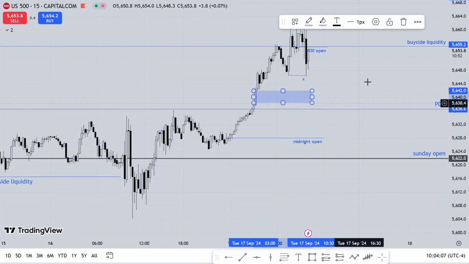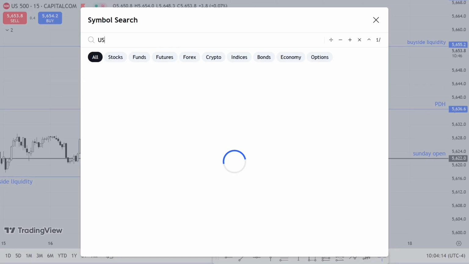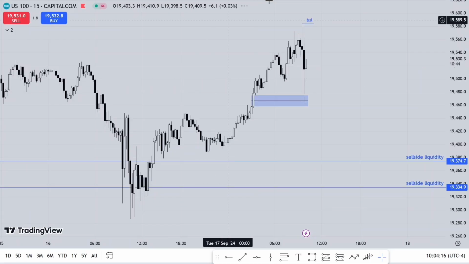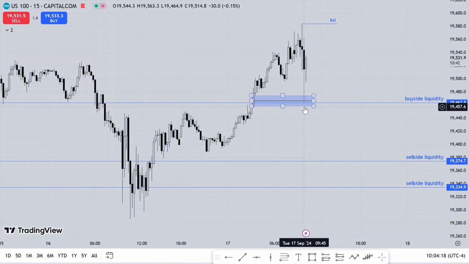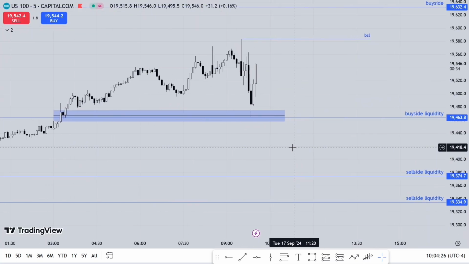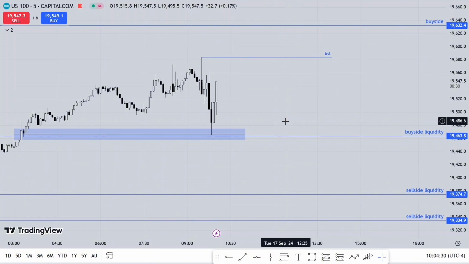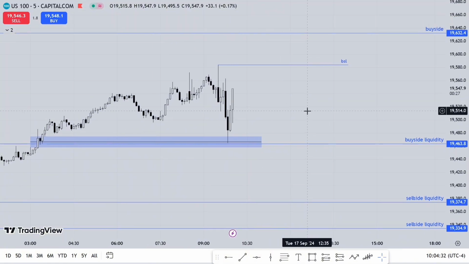So price is unwilling to come for these lows here, while on the Nasdaq, which is the US 100, we have price trade into its low here like this. So when you have this cracking correlation like this, you go into your lower time frames looking for a fractal nature of this price move. So let's pay attention and watch what's going on.